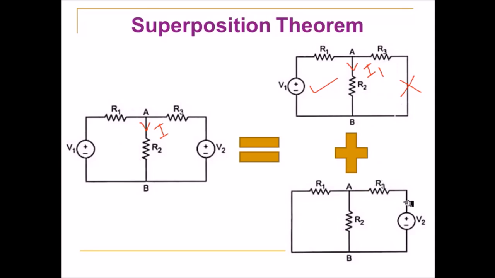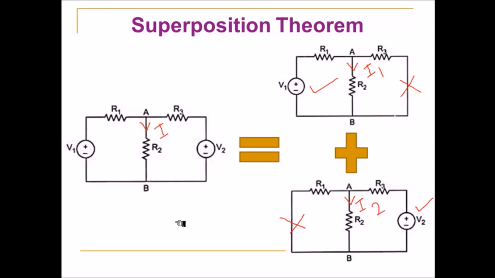Then you activate the source V2 and deactivate the source V1. Again, do the same analysis and find out the current flowing through the resistor R2 and assume the value of the current as I2.